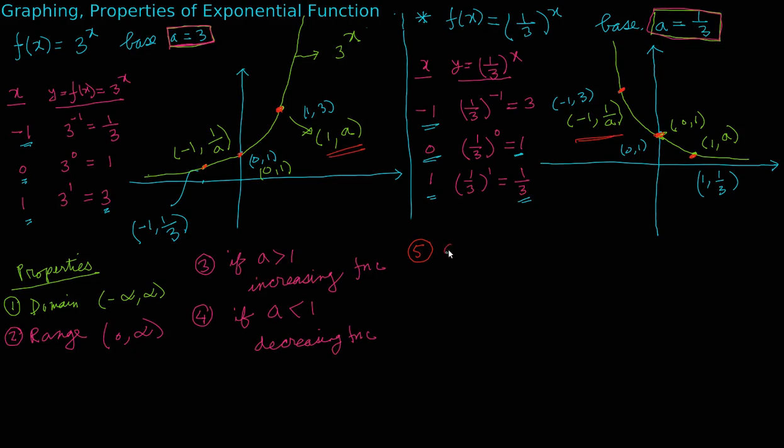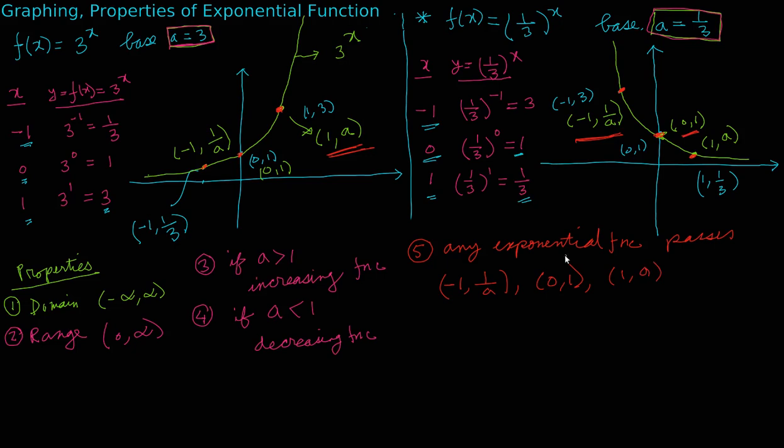So any exponential function passes through which 3 points? -1, 1 over a, and then 0, 1, and the last point is 1, a. So that is a very important point.